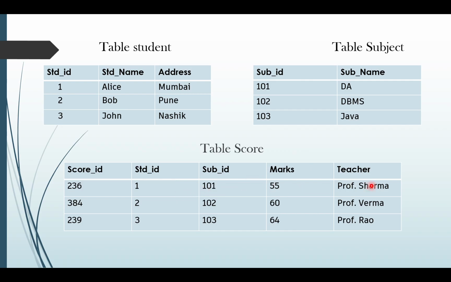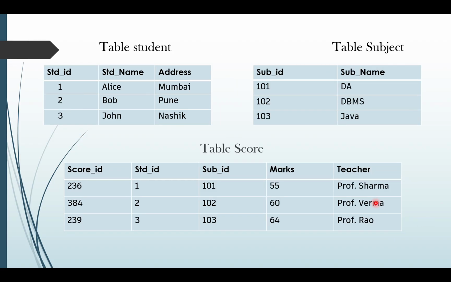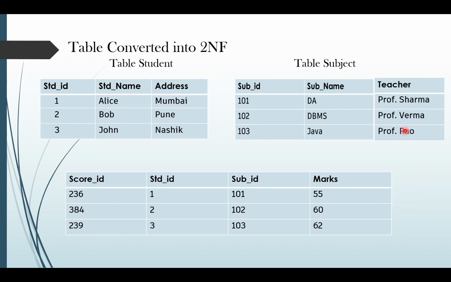And now the teacher attribute is dependent on subject ID, but it does not depend on student ID. So hence there is a partial dependency where this column is only dependent on part of the primary key. Now the previous tables are converted into 2NF: the teacher column that was in the previous slide is now in the subject table, and now the table is converted into 2NF.